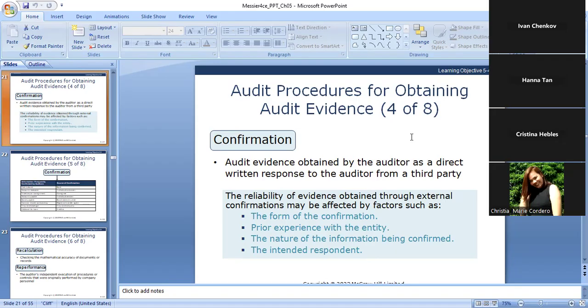So, having in mind that on your resume, when you're going through the process of checking the references, you're not going to put on your list of references persons who are going to give you a negative reference. Having in mind that, put that in the audit world.